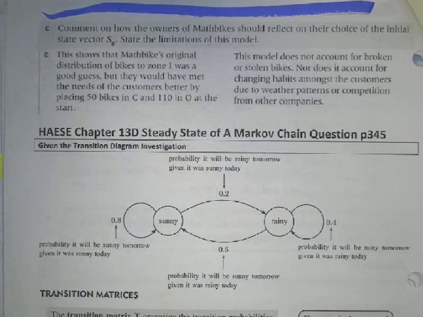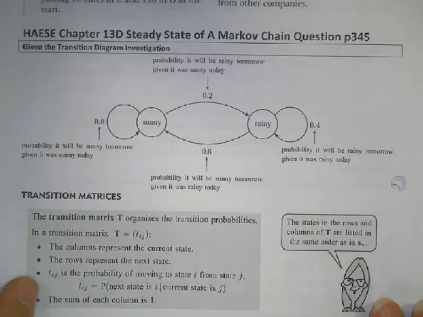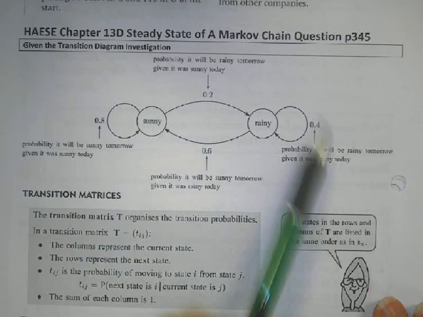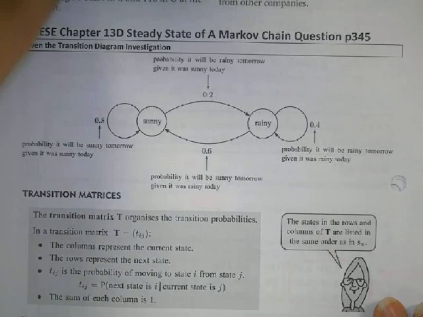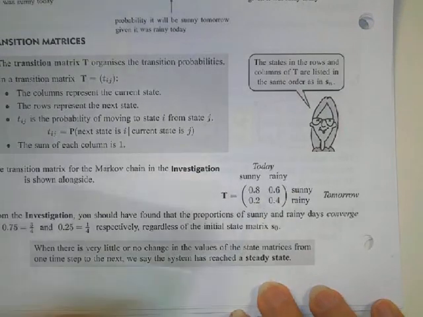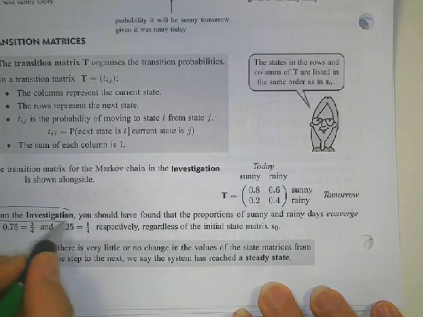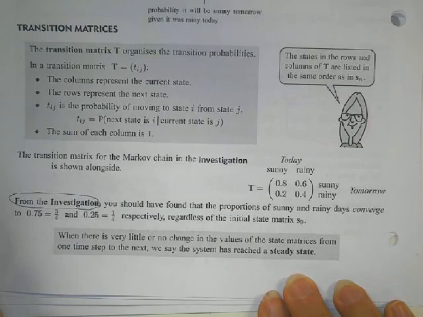Now this is an example of a transition diagram, which we played with already. And we can write this into a transition matrix. It says from the investigation, that's from somewhere in the textbook. Sorry, I didn't have that in here.